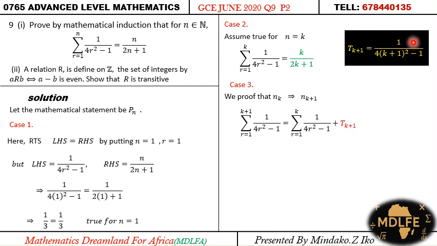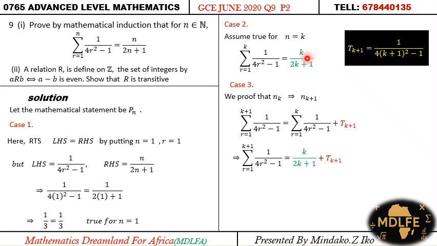Since I know my k plus 1 term and I also know this term highlighted in green, we know that the summation from r equals 1 right up to k of 1 divided by 4r squared minus 1 is equal to k divided by 2k plus 1. Therefore where I see this, I will replace it with this.